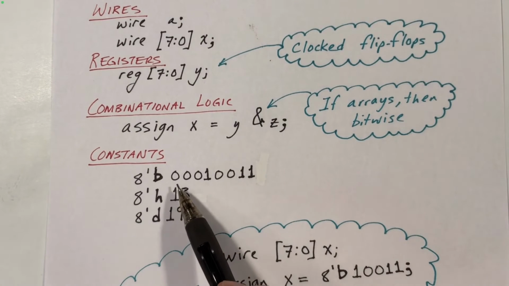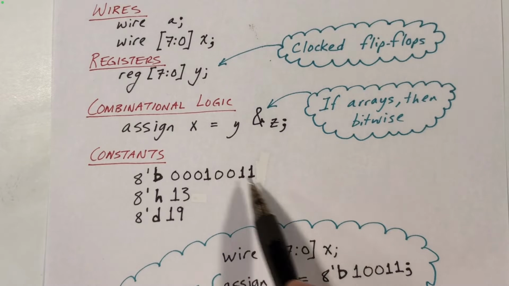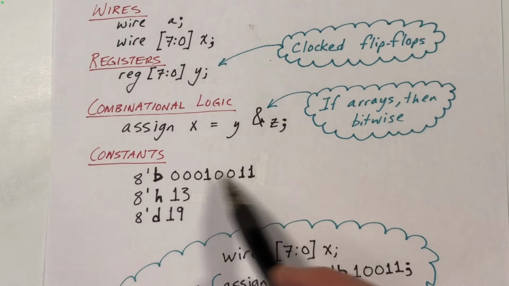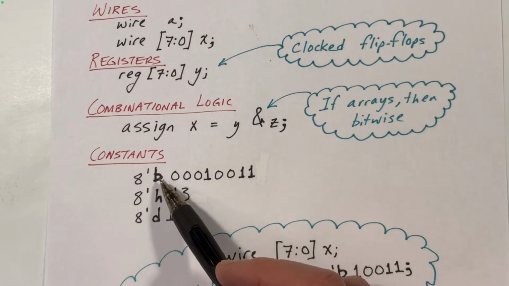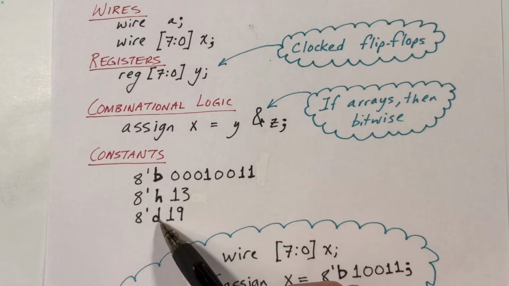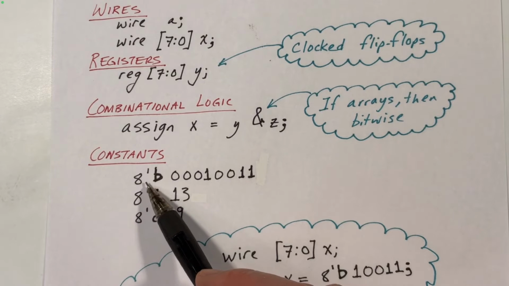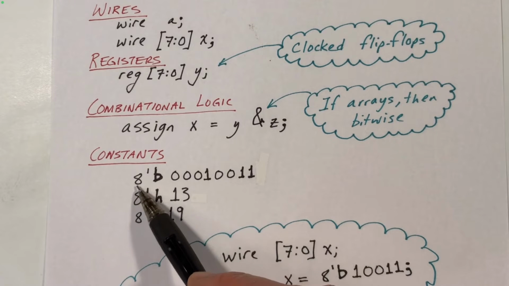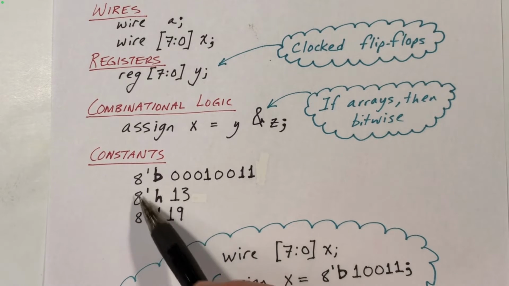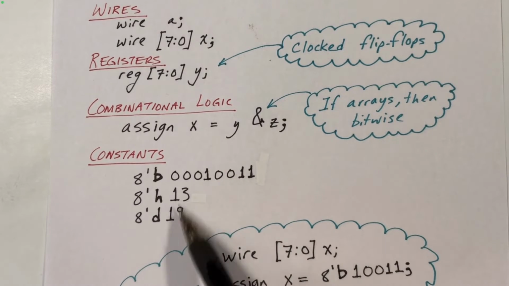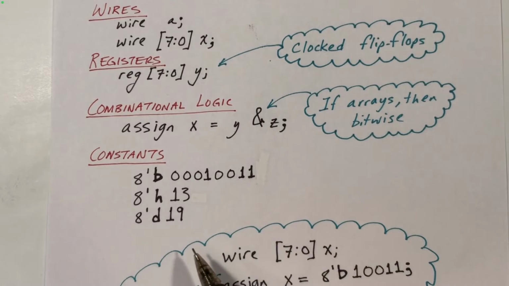Verilog also has a notation for expressing constant values or fixed values, and here we are showing that the constant can be defined in terms of binary, hex, or decimal. And this notation 8 apostrophe indicates that this is to be a constant with 8 bits. So this value here tells how many bits the value will have, and all 3 of these are equivalent.